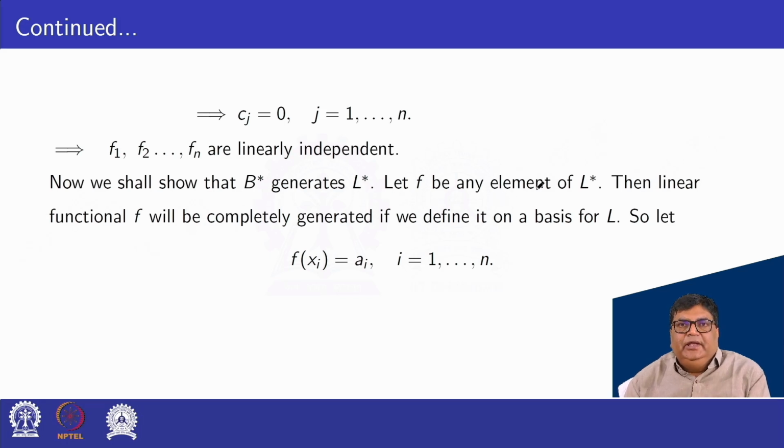Let f be any element of L star. The linear functional f will be completely determined if we define it on a basis for L. So let f(xi) is equal to ai.